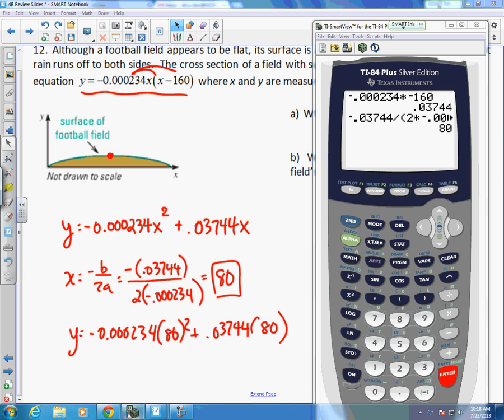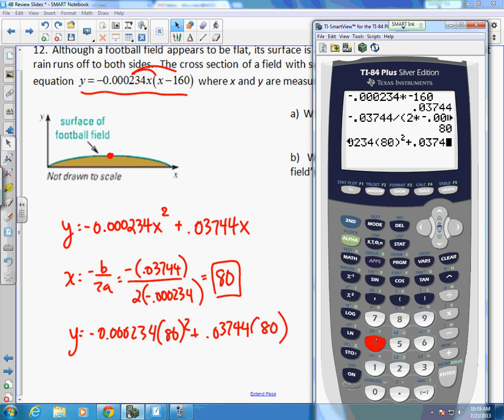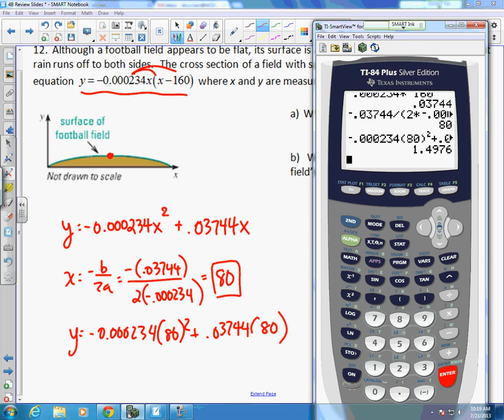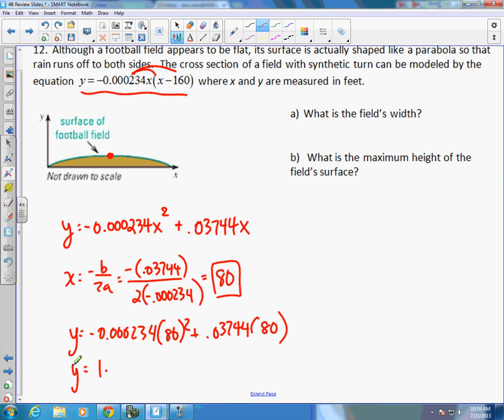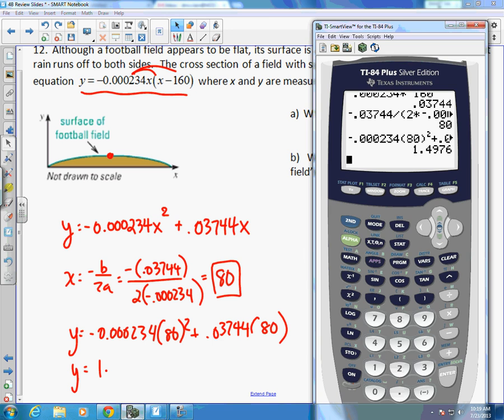So it's negative 0.000234 times 80 squared plus 0.03744 times 80. Okay, so there's the equation that's going to give me my y value. So that's 1.4976.